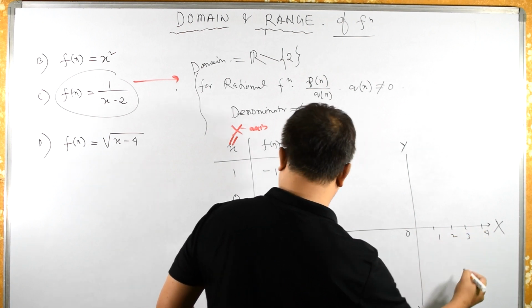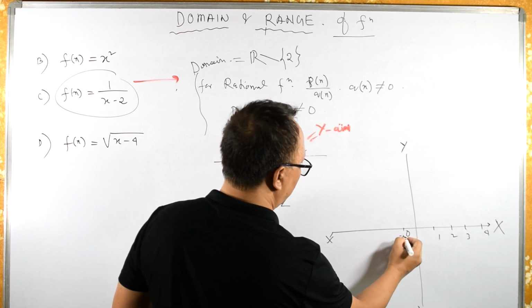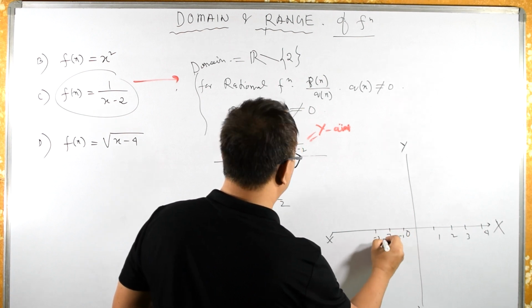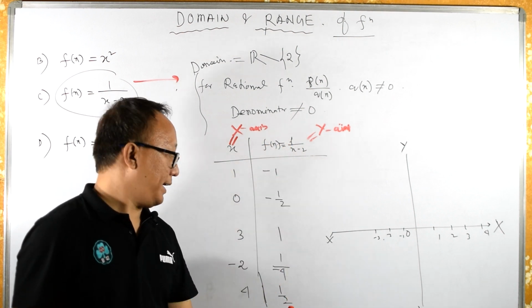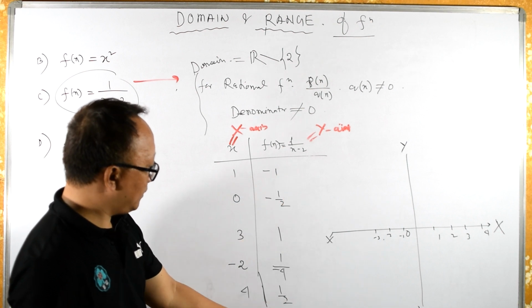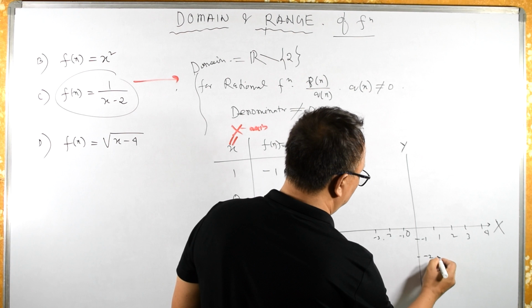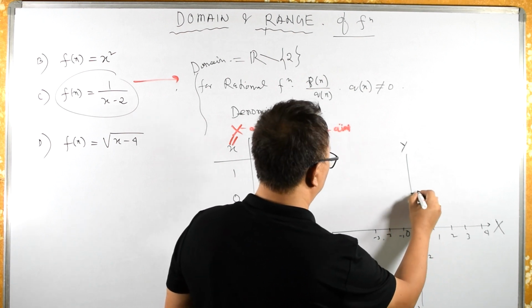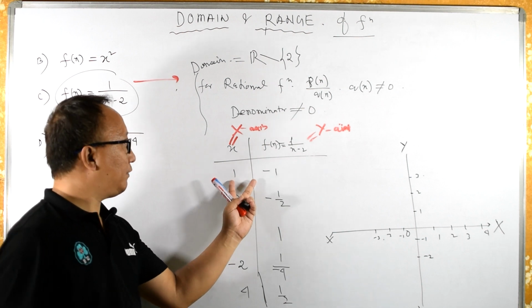The minimum value of x is minus 2, say minus 3. And this column I am considering as y. So all is starting from minus 1. Let's plot these points so that we can find the range.